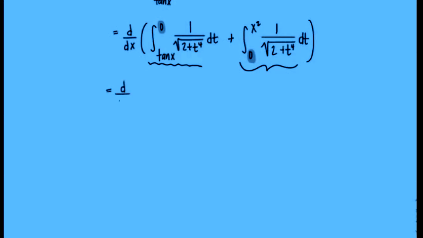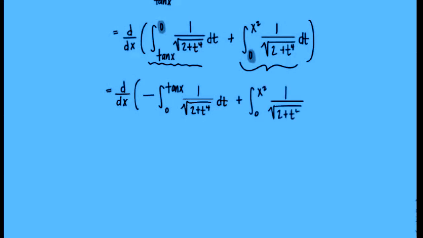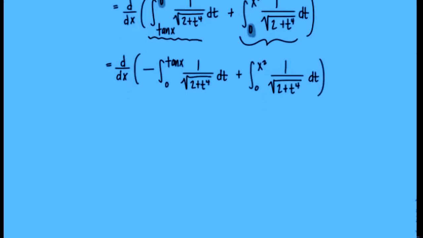Anytime you flip the limits of integration, remember you need to add a negative sign. So we have negative, the integral from 0 to tan x of 1 over the square root of 2 plus t to the fourth dt, with that negative sitting outside, plus the integral from 0 to x squared of 1 over the square root of 2 plus t to the fourth dt. Now we are ready to roll.